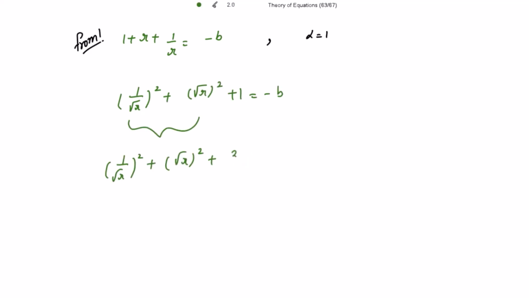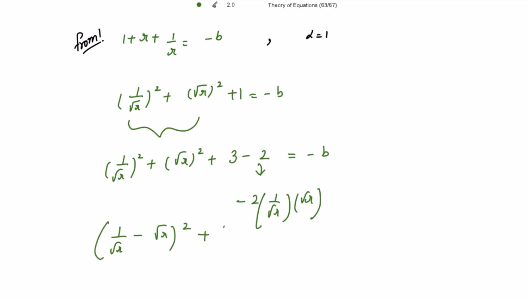Can I write this left hand side as (1 over square root of r) whole square plus (square root of r) whole square, plus 3 minus 2, that is equal to negative b. And writing this negative 2 as negative of twice 1 over square root of r into square root of r, that doesn't matter. So this becomes (1 over square root of r minus square root of r) whole square plus 3 equal to negative b.